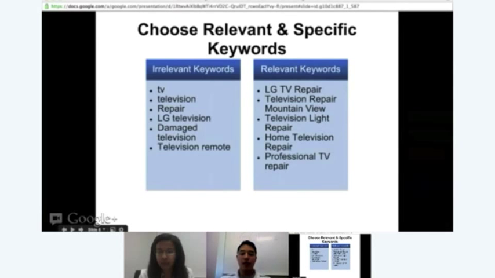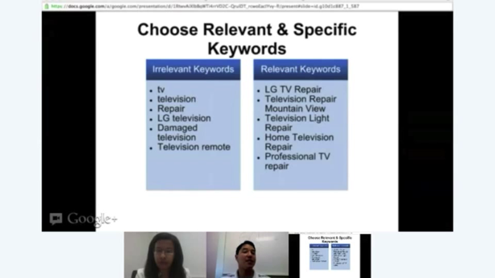And I think on this point, when it comes to choosing your relevant and specific keywords, for example, if you're a TV repair shop located in, say, Mountain View, you can see on the left and the right the differences that make a relevant versus irrelevant keyword. So, for example, this particular advertiser may have chosen LG TV repair, television repair, Mountain View, but he doesn't want to pick a keyword that's very general, like just the word TV, because there's a lot of different things that can go into that word.